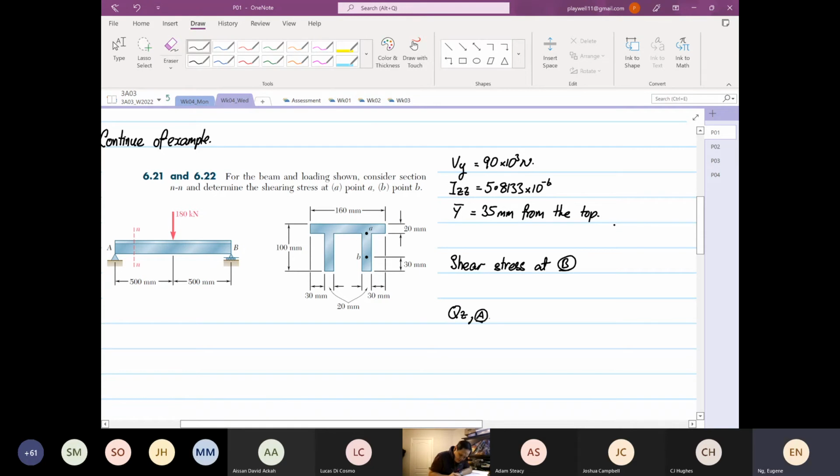first moment of area about the z-axis at point B is A times y bar. What I usually like to do is go with depth, then y bar. So what is the area we have to consider? Then I'm going to sketch out the centroid.